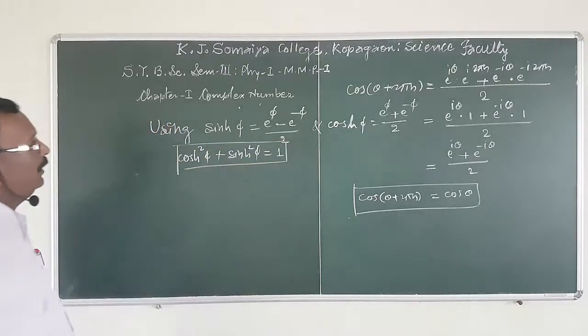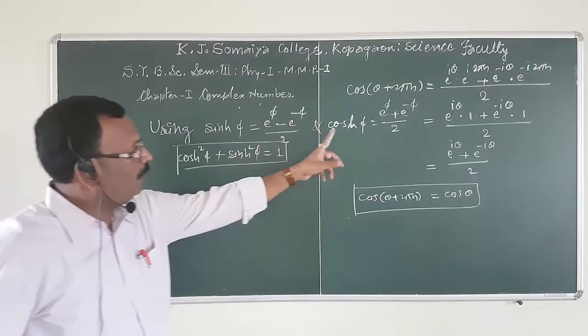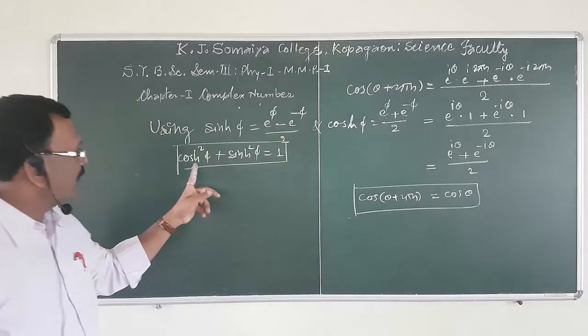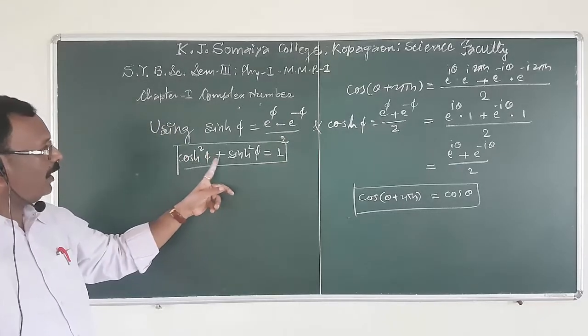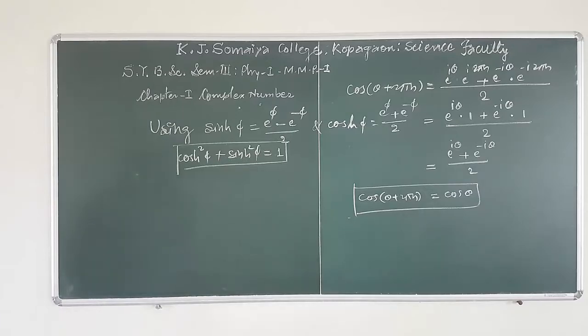What is the problem? Using the value of sin phi and value of cos phi, prove that cos square phi plus sin square phi is equal to 1. Okay. This is a very simple problem.